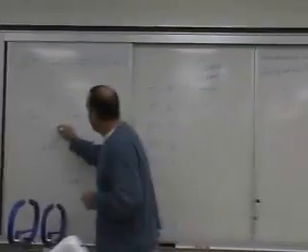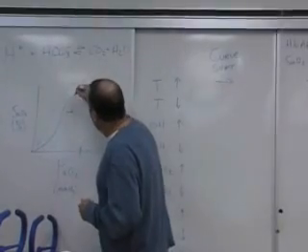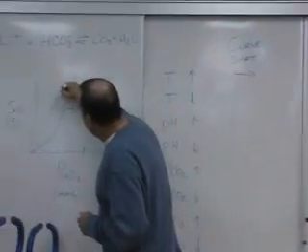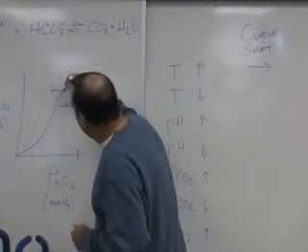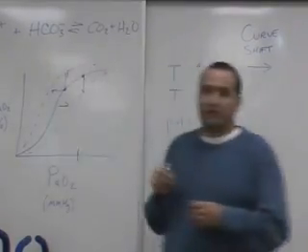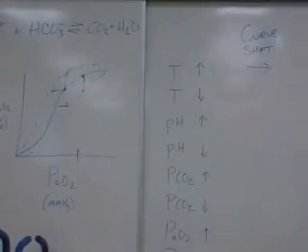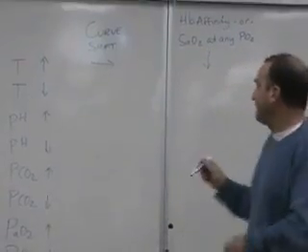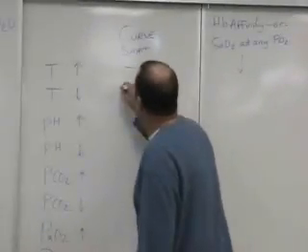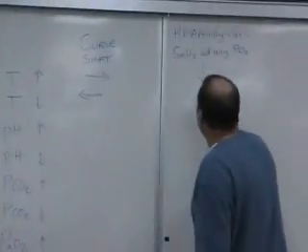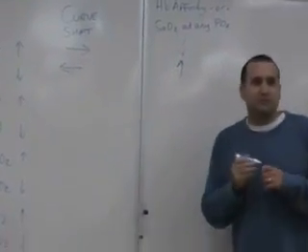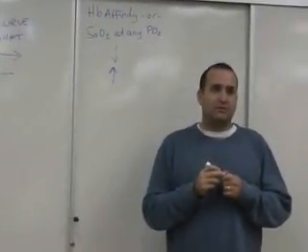And for that to happen, the curve would have to shift to the left. So at any given PO2, saturation increases. Does everybody see that? Okay, so in this case, when temperature goes down, curve shifts to the left, hemoglobin affinity goes up. Are we cool?